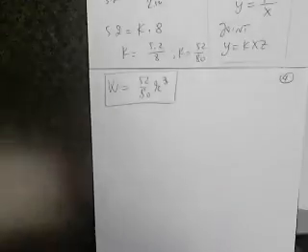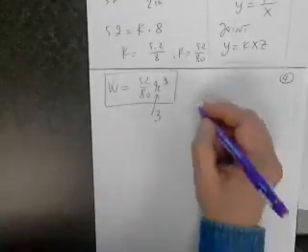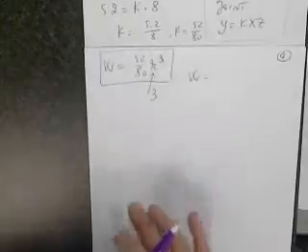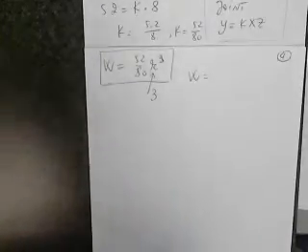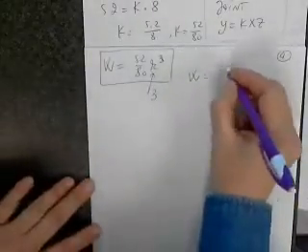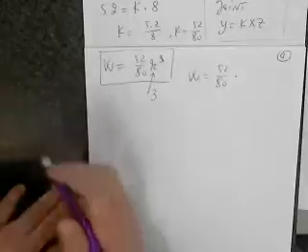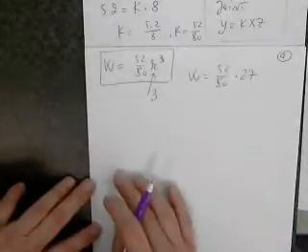Now I can answer the question. Find the weight of a ball of the same material with a 3-inch radius. So how do I find the weight? (52 over 80) multiplied by 3 cubed, or 27.